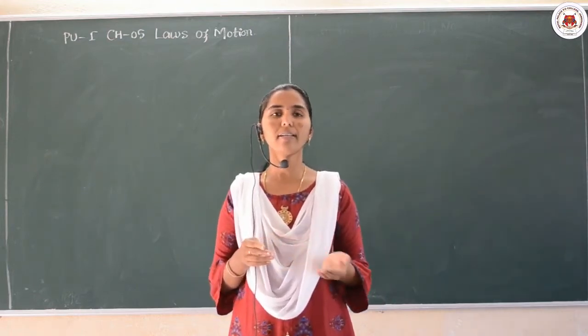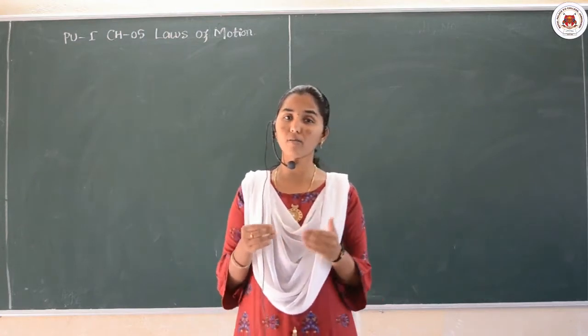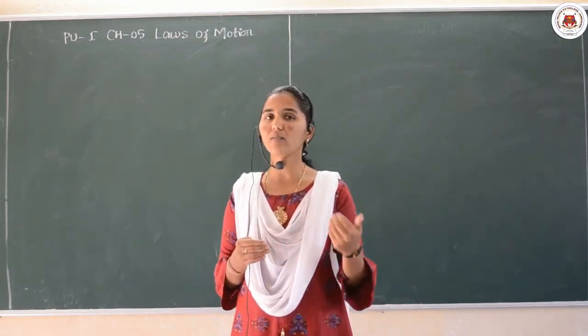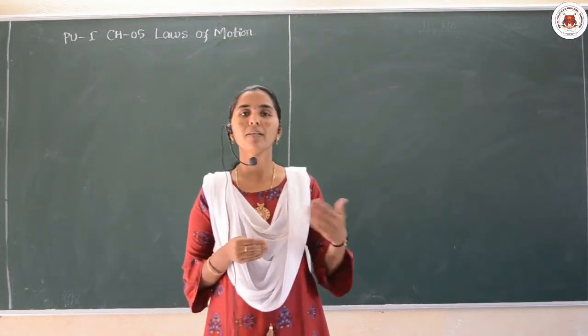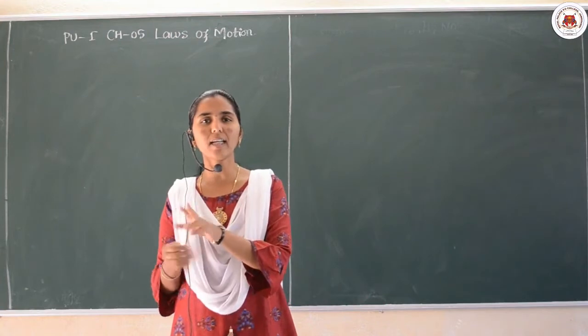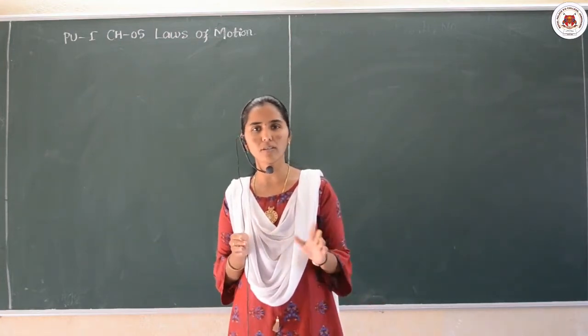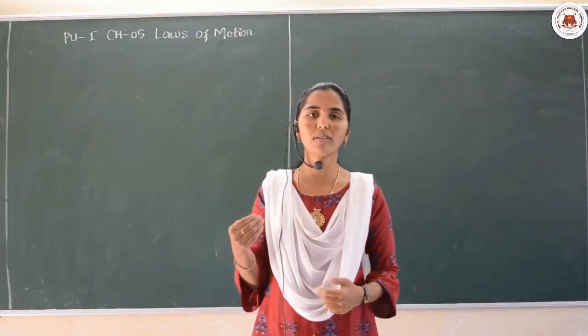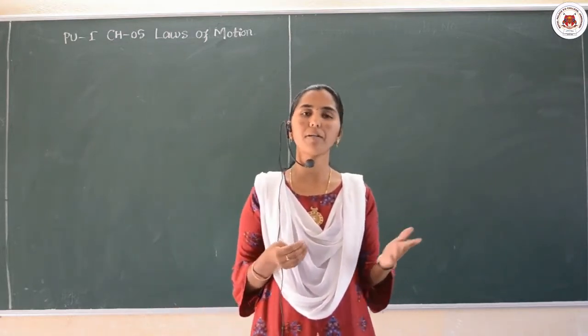That can also be given as: the total initial momentum of an isolated system is equal to the total final momentum of the system. That means initially whatever momentum was there, finally that remains constant. Or before the collision whatever momentum is there, after the collision also it remains the same.